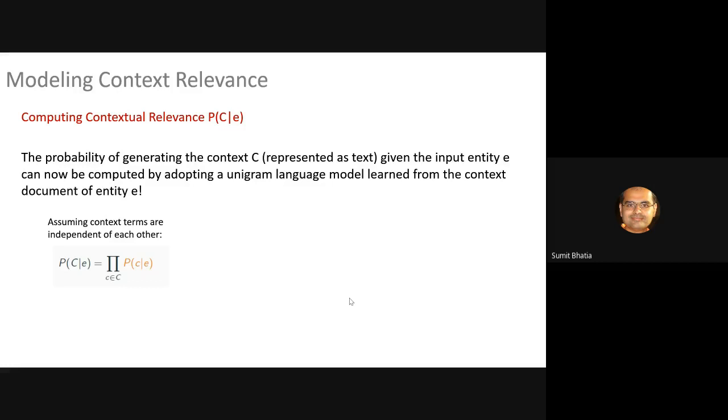Let us now focus on a term in this product. What is the probability of generating or observing a single context term given an entity? This can be computed by using the context document as follows.